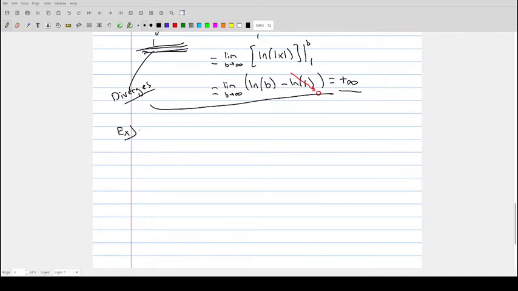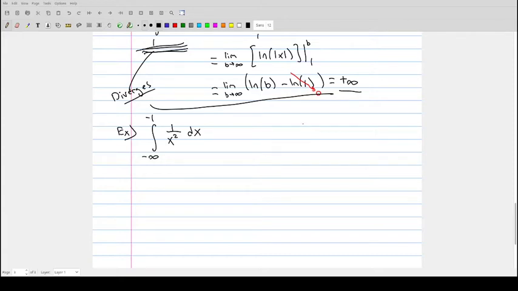If you look instead at, say, the improper integral of the function 1 over x squared, we'll do an improper integral of type 2, or type 1 subtype 2. Do the integral from negative infinity to negative 1.